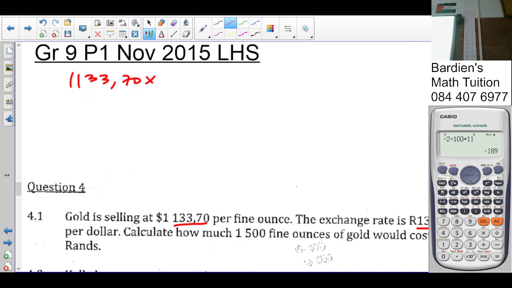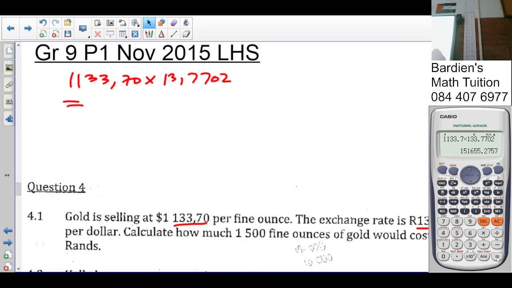You multiply that by 13 Rand 7702 per dollar. So that's going to give us 1133.70 times 13.7702. That gives me, yes? 13.772.